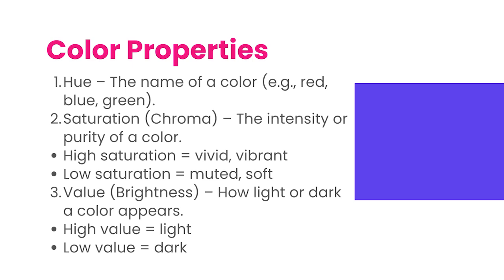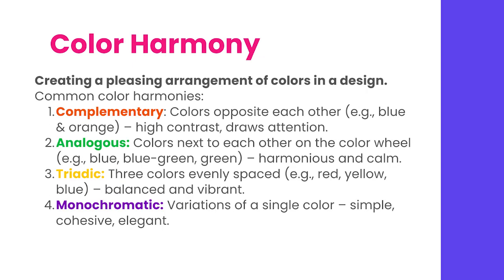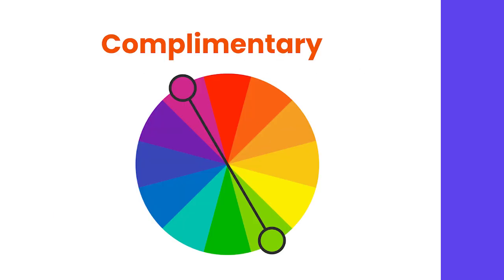Okay, so in color harmony, creating a pleasing arrangement of colors in a design, some of the common color harmonies, number one, we have complementary colors. I'm sure we have had this one a lot. Complementary colors are colors which are opposite each other, for example, blue and orange, high contrast, and they draw attention.